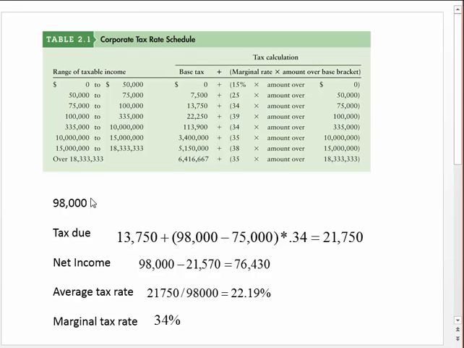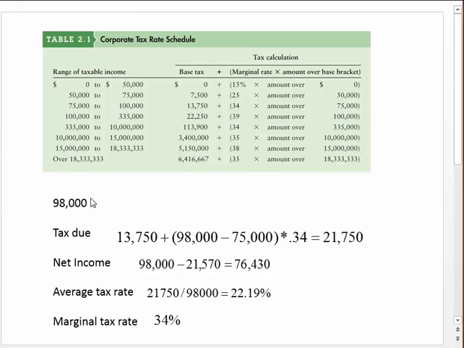The marginal tax rate is really the only tax rate that's important if you're making a financial decision. Let's say you were going to make an investment in an asset that would make $2,000 in profit.